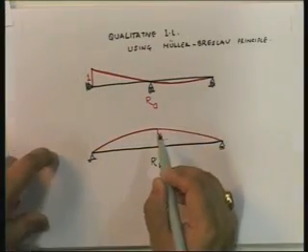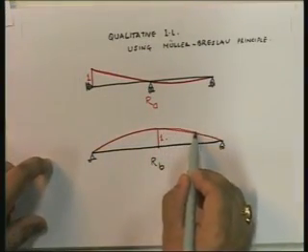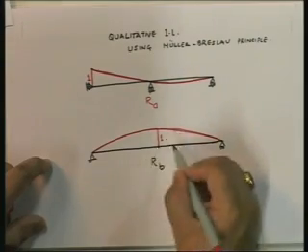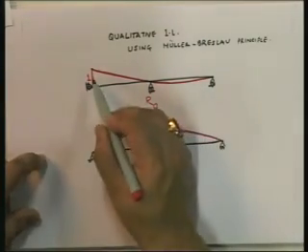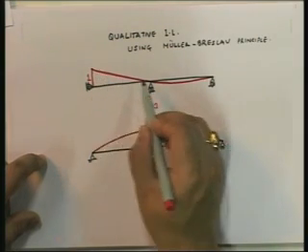Okay, so this represents the influence line. Note something interesting: in this particular case, you will see that this is going to be symmetric. This side and this side are going to be identical. Here, this is going to be 1.